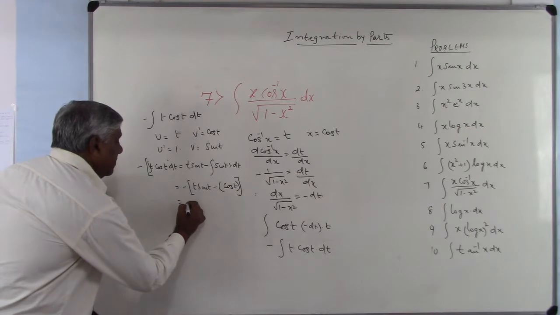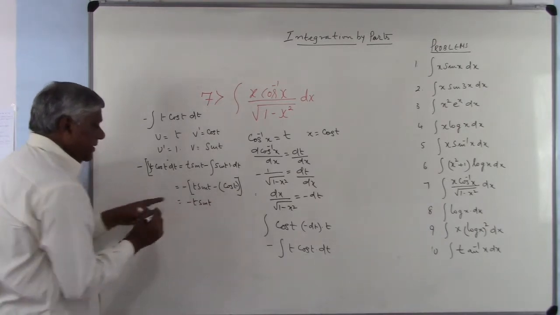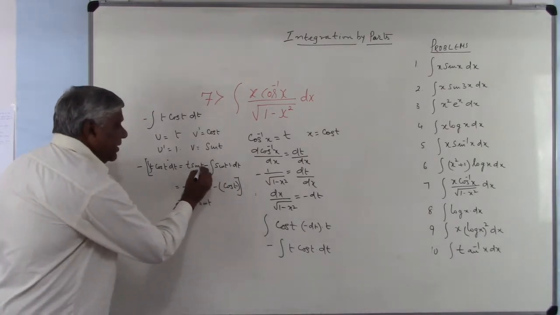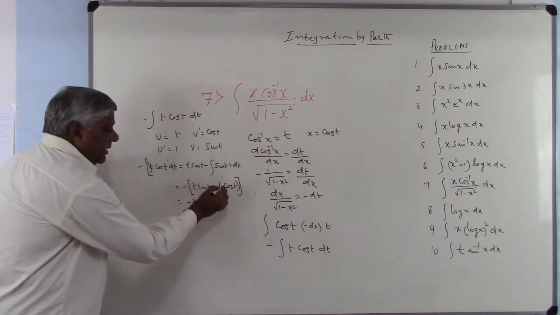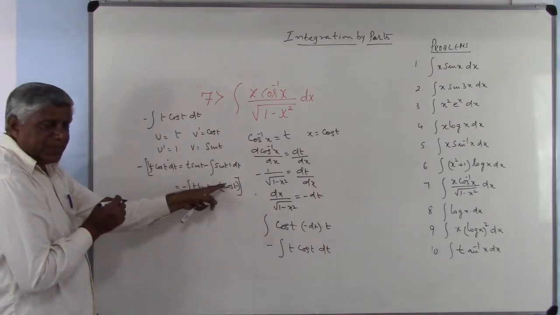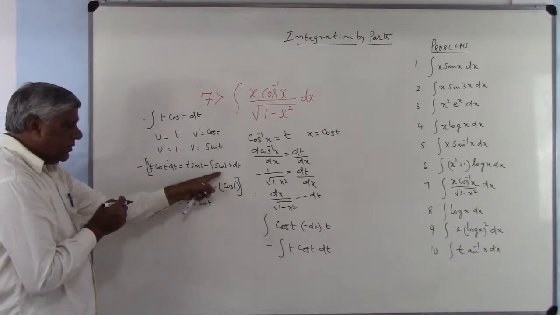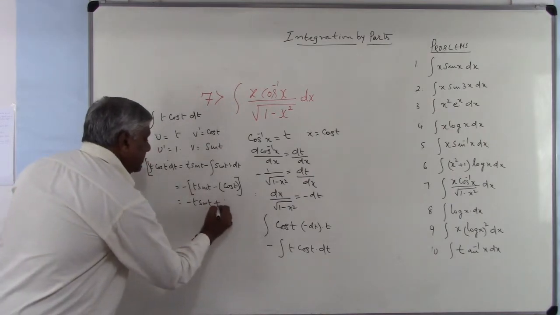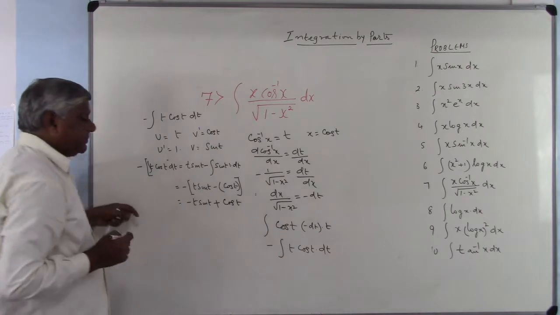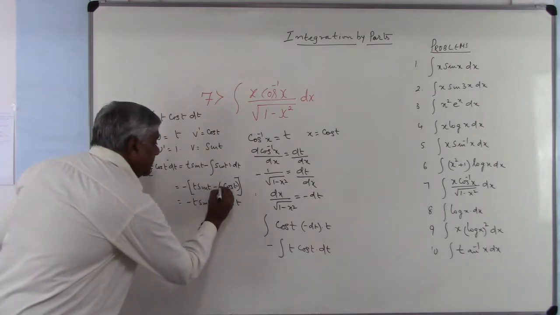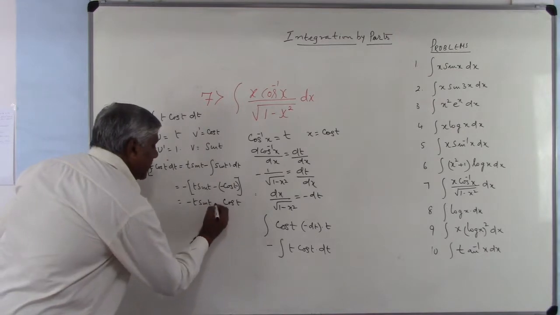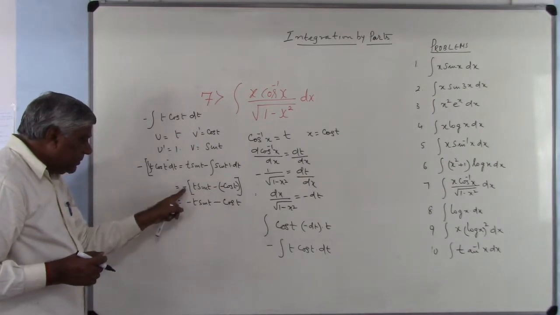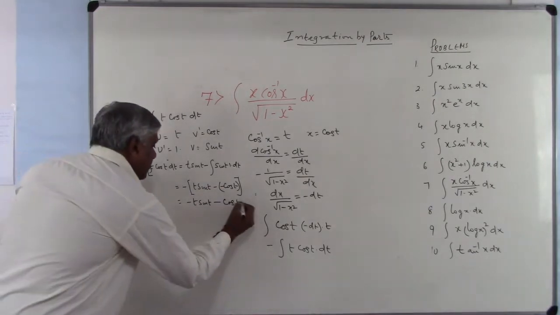Now remove the bracket: minus t sin t, minus into minus is plus. I am sorry, integration of sin t is minus cos t, so minus into minus plus, plus into minus, minus. So this is how the problem goes.